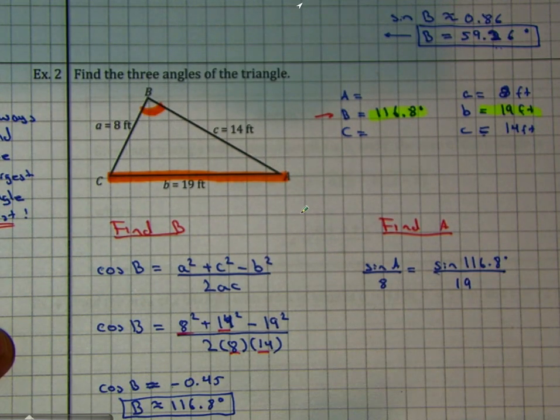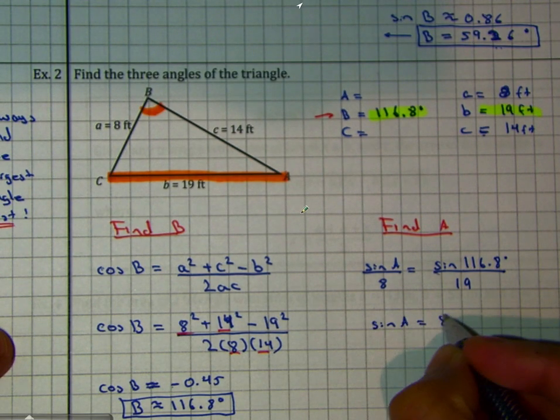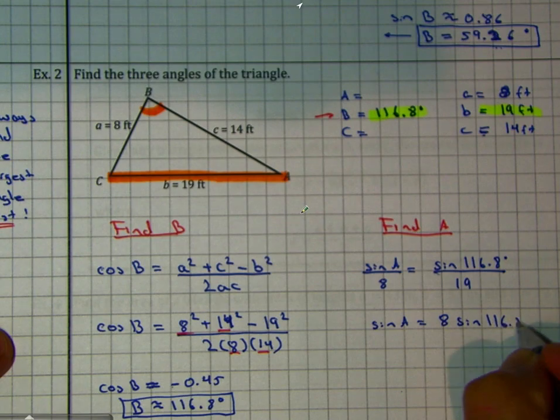I'll multiply both sides by 8, so therefore the sine of A is equal to 8 sine of 116.8 over 19.